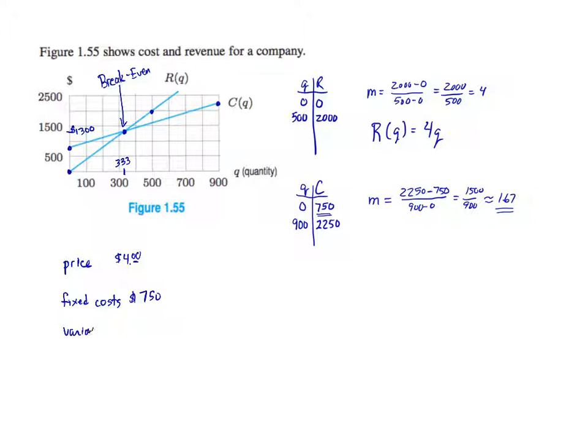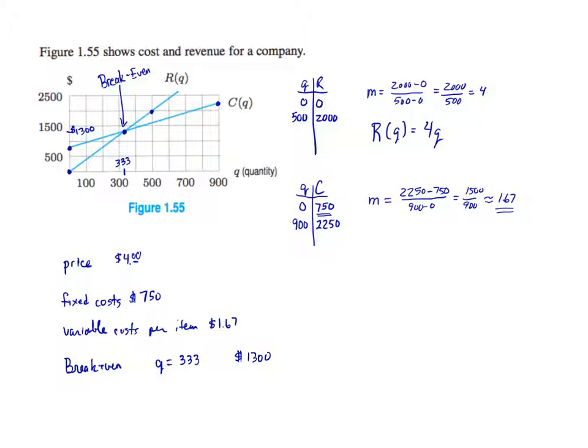The variable cost per item was roughly $1.67, and we break even when the quantity is somewhere around 333 items and the total cost and total revenue both would equal approximately $1,300.